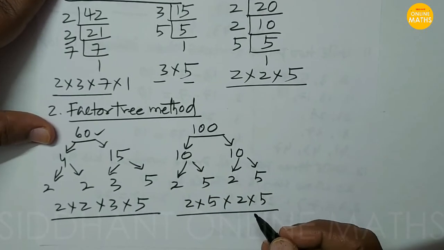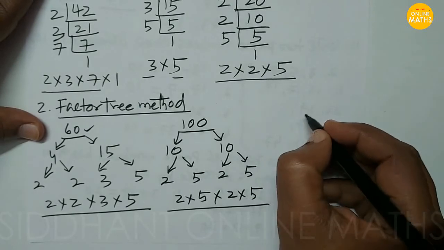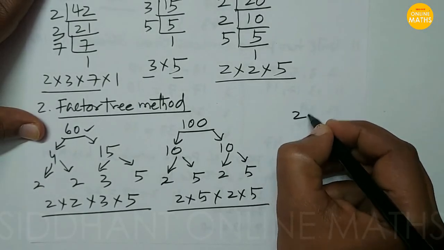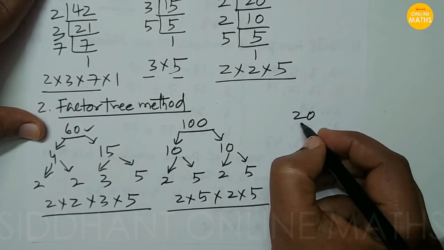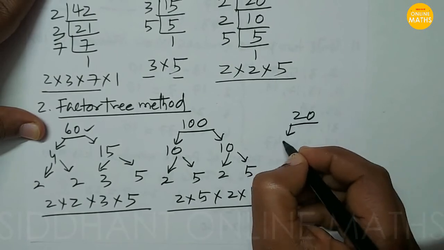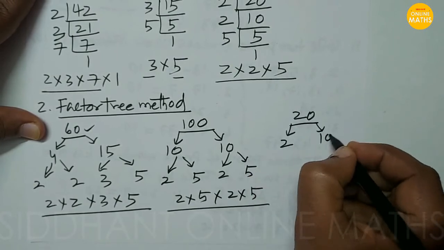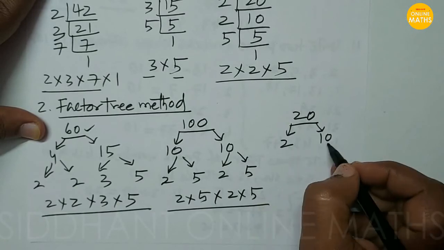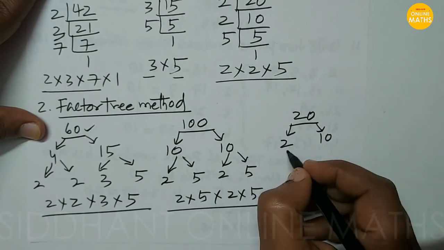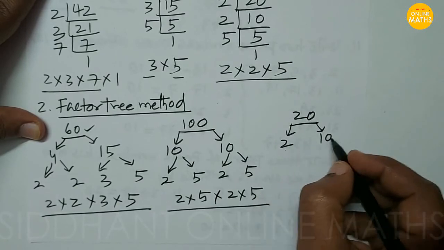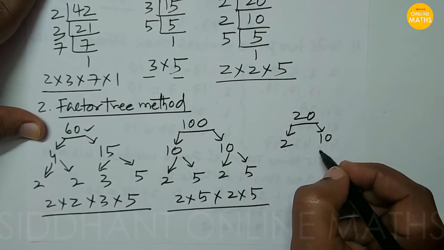In the same way, you take any number like 20. This 20 can be written as 2 into 10. Here 2 is a prime number and 10 is a composite number. So no need to factorize the prime number. Now go for the composite number.